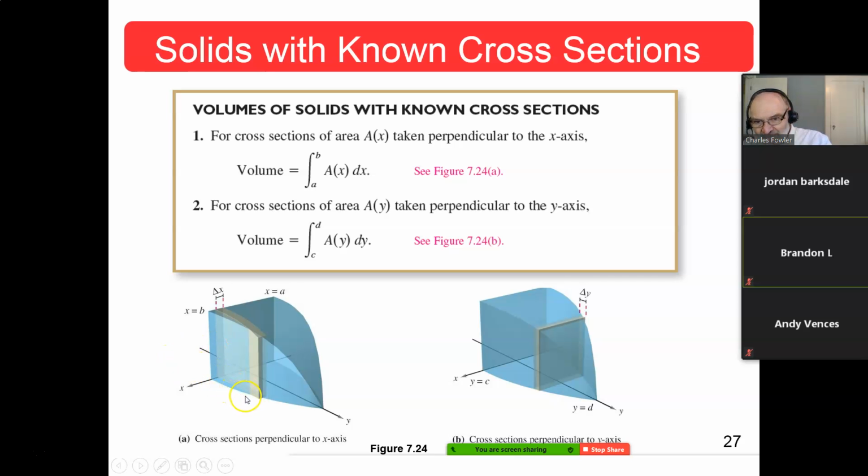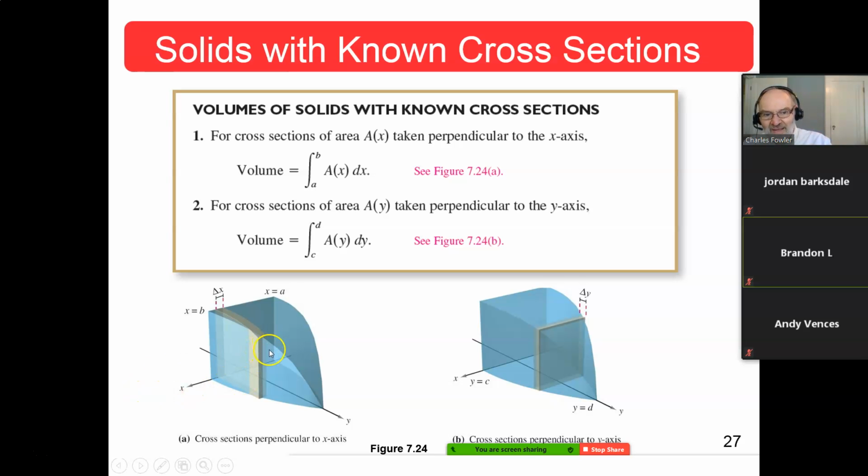That is a length here, but this length is not the same as that one over there, and this is a curved length, certainly not the same as the length down here. There would be a cross section perpendicular to the x-axis, but we don't know the area of that cross section.